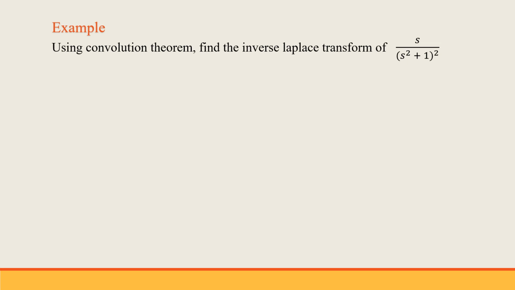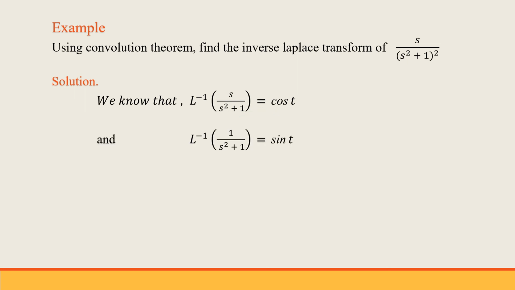Let's see how we can find this. As we know that Laplace inverse of s by s square plus 1 is cos t, and Laplace inverse of 1 by s square plus 1 is sin t.